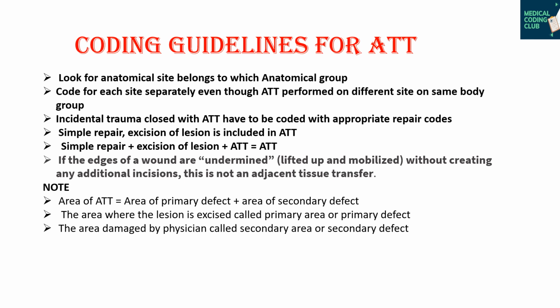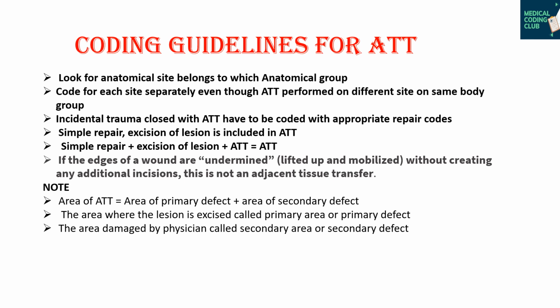For example, on the same body part, like the right arm, if ATT was performed at three different sites, you should code each site separately. If incidental trauma is closed with ATT, we have to code with appropriate repair codes, not with ATT codes. If simple repair and excision of lesions are performed, we code only ATT, because simple repair and excision of lesion are included in ATT.